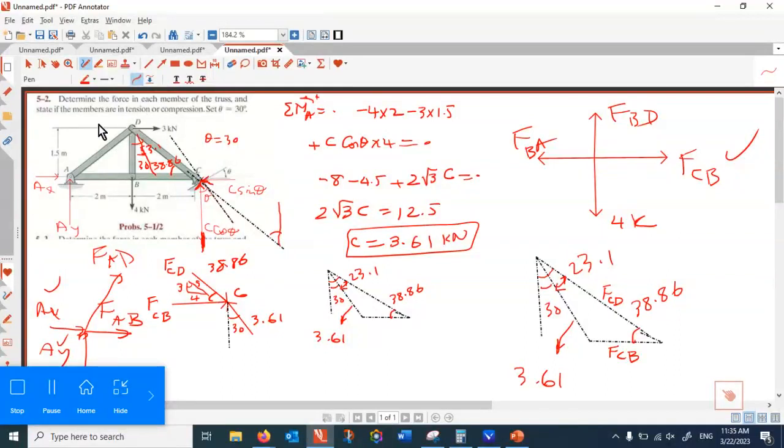So what is that for? This is to check your solution. When you go back and apply method of joint at D, you already know FDC, FDB, and FDA. If that tallies up correctly, it means your previous step solutions are correct. That's a checksum.